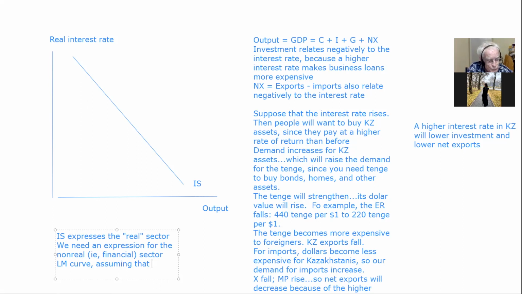And also, we have an equilibrium between money supply and money demand, which is the most important assumption right now for the LM curve.